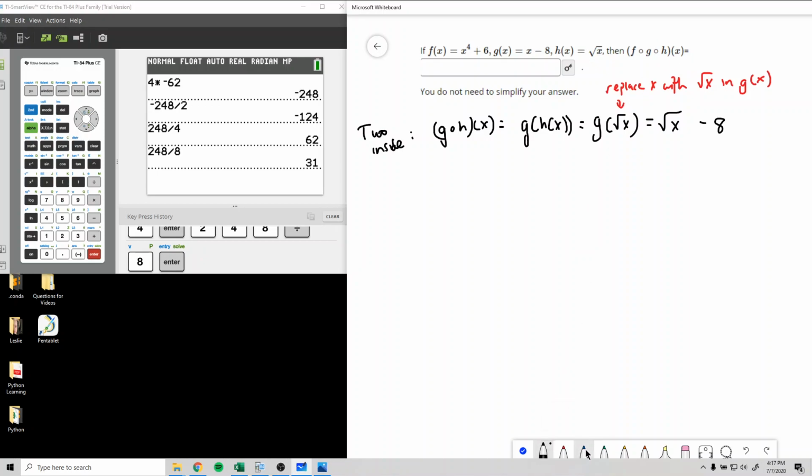So now if we want to do all 3 of them, f of g of h of x, we can replace all the circles with parentheses.